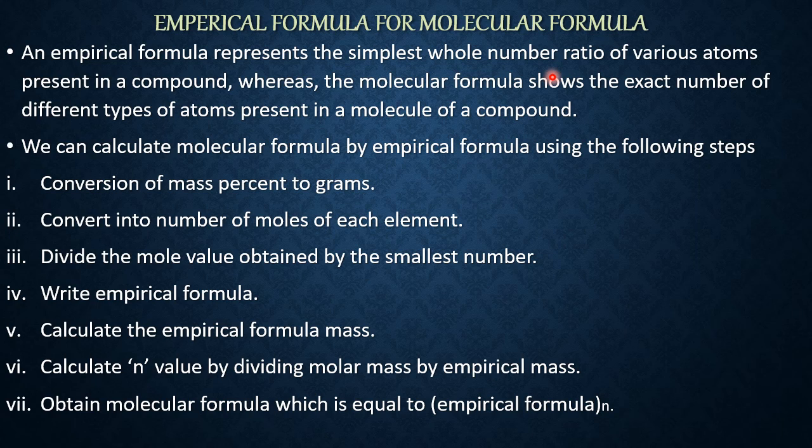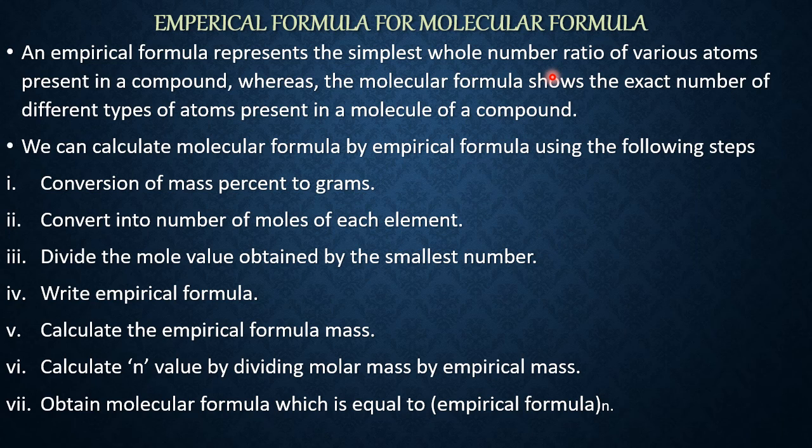Therefore, empirical formula for glucose is CH2O, whereas molecular formula for glucose is C6H12O6. I think I have made it clear with these examples what is empirical formula and what is molecular formula. How to calculate?